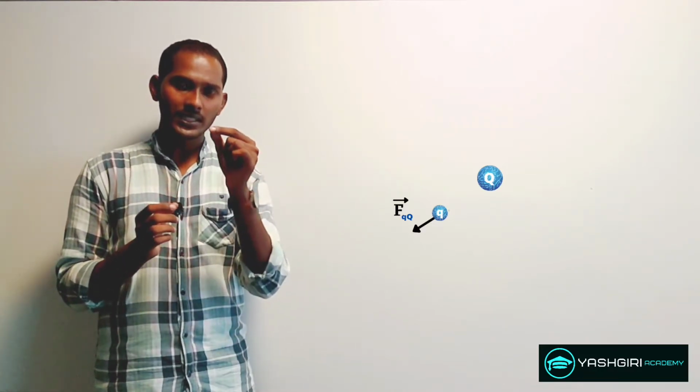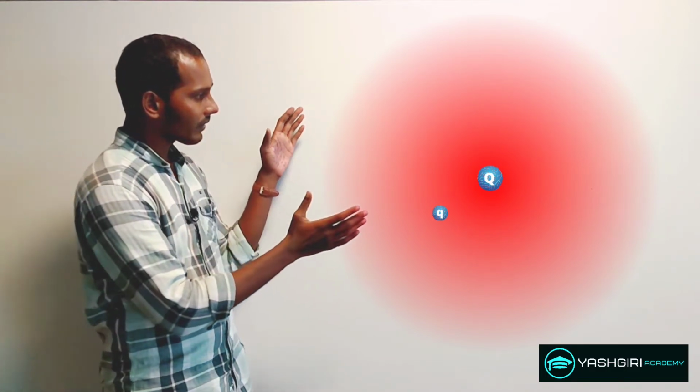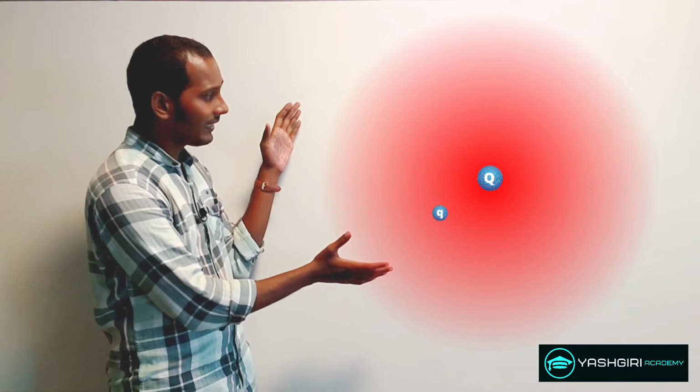According to this concept of electric field, all charged bodies produce an electric field everywhere in their surroundings. If you bring a small charge, say small q, at any point P in the same space, in the field surrounding this charge capital Q, then this small charge q will experience a force on it.